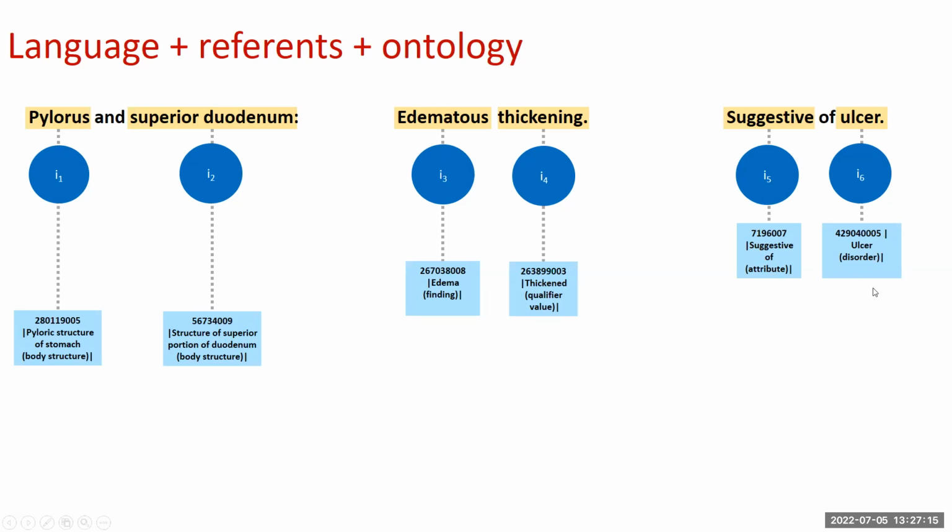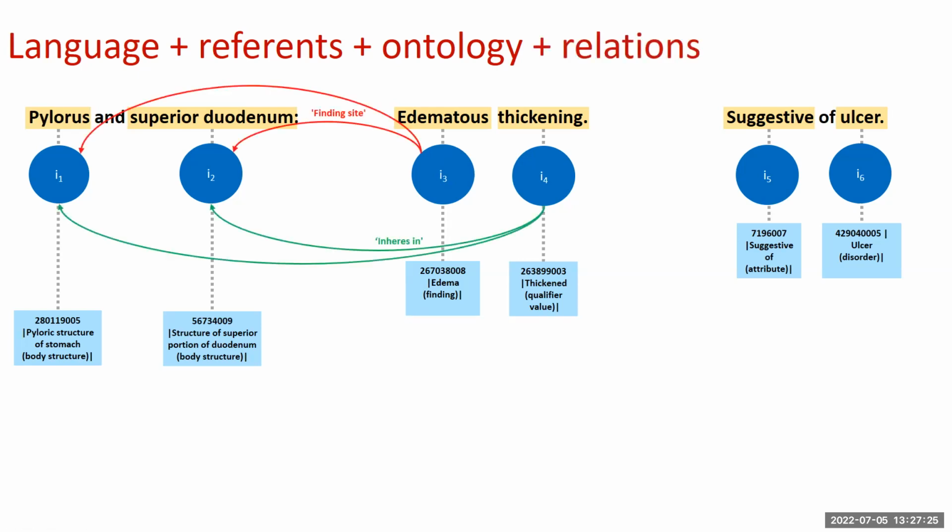The problem is that such a sequence of SNOMED concepts is really not sufficient, because what is the reason why we understand this text? We know that there is a relation between edema and duodenum or stomach. We know that thickened is a quality which inheres in those anatomical structures.